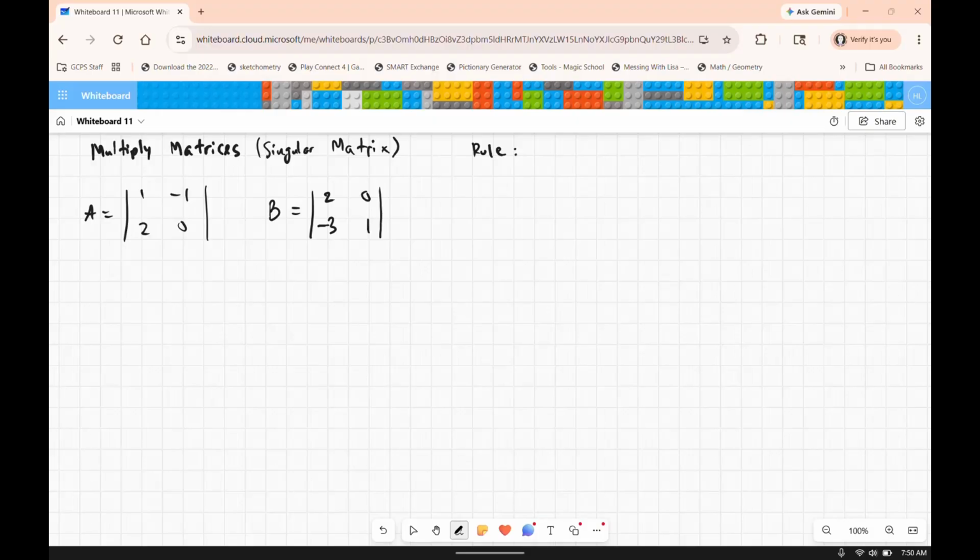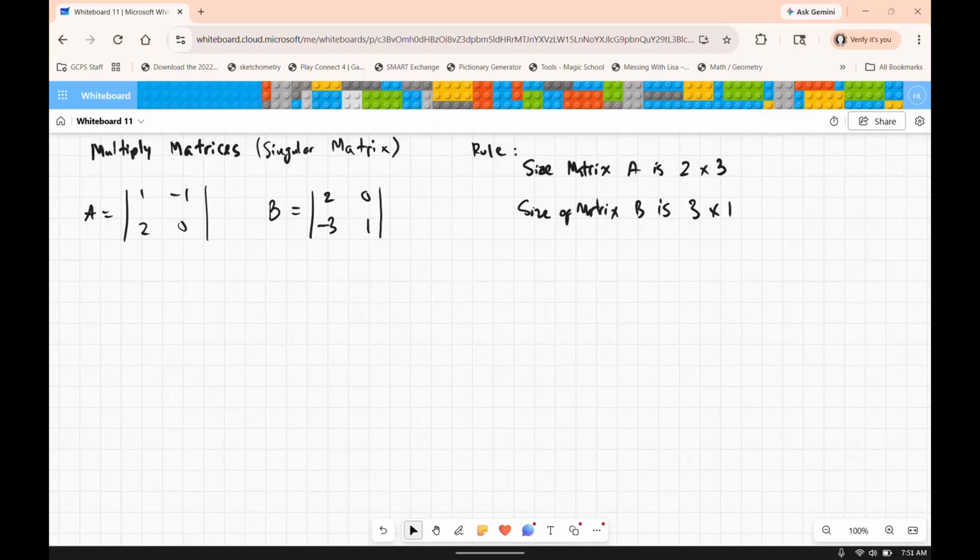Let's say the size of matrix A is 2 by 3, and the size of matrix B is 3 by 1.